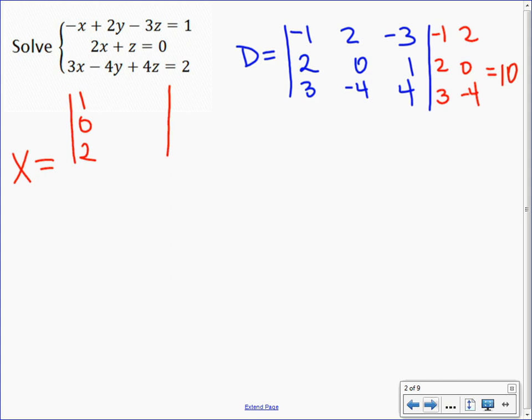And everything else stays the same. That's the numerator, and we're going to divide by that. This is the coefficient matrix, except since we're solving for x, I replaced our x column with these numbers.